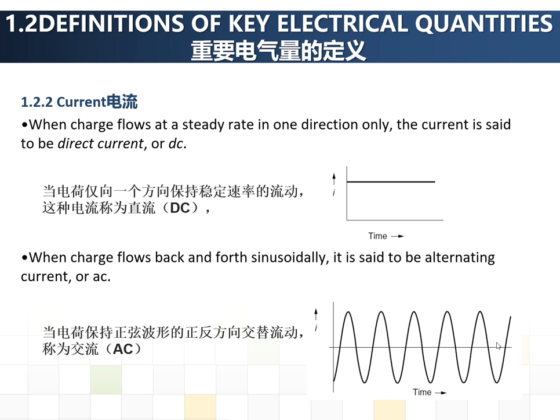When charge flows at a steady state in one direction only, the current is direct current. We use symbol DC to represent direct current. When charges flow back and forth sinusoidally, it is alternating current. We use symbol AC representing alternating current.